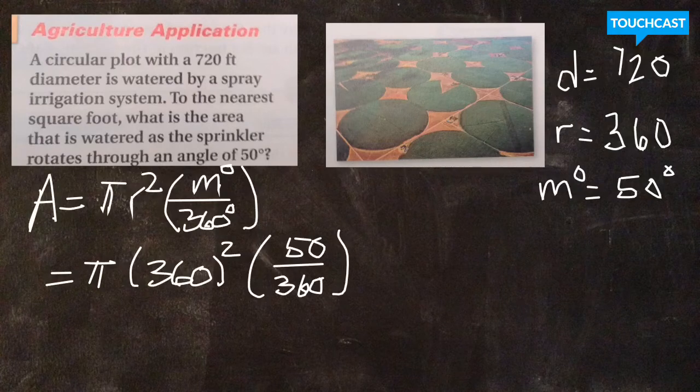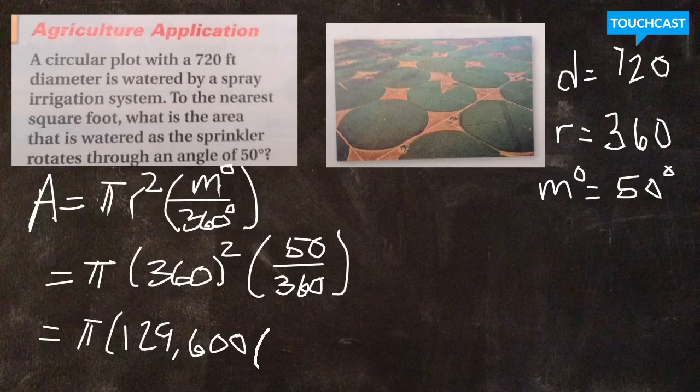Okay, so let's do our exponent. You can plug 360 to the second power into your calculators. That's going to give us pi times 129,600, and 50 over 360 we can simplify to 5 over 36.